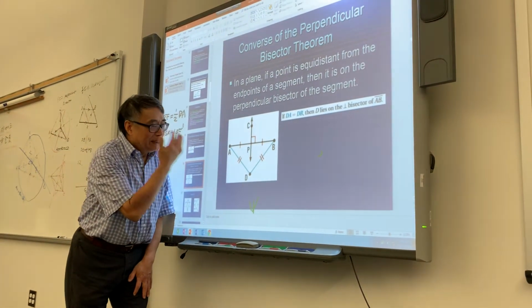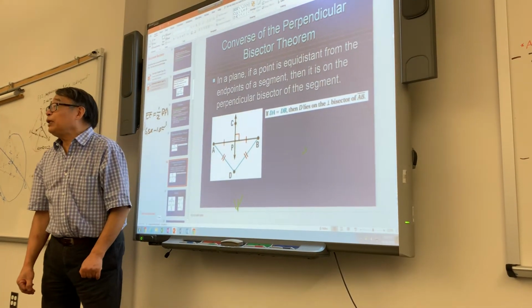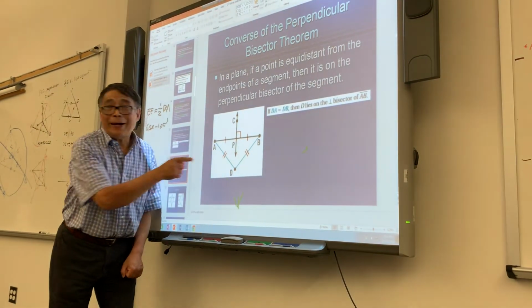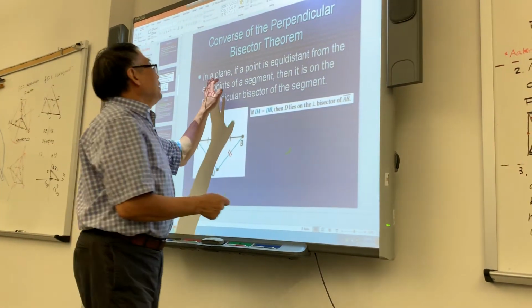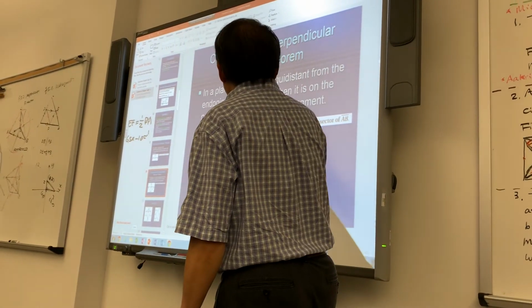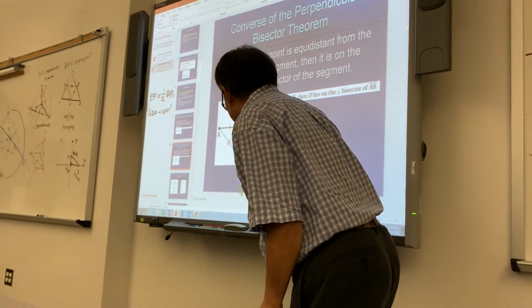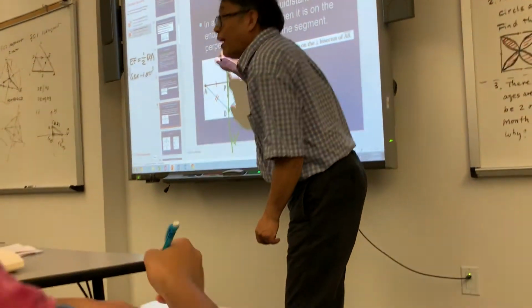You can see, if the question gives us AD equals BD, D must be on the perpendicular line. If a point is equidistant from the endpoints, that point is on the perpendicular bisector. D is on the perpendicular line.